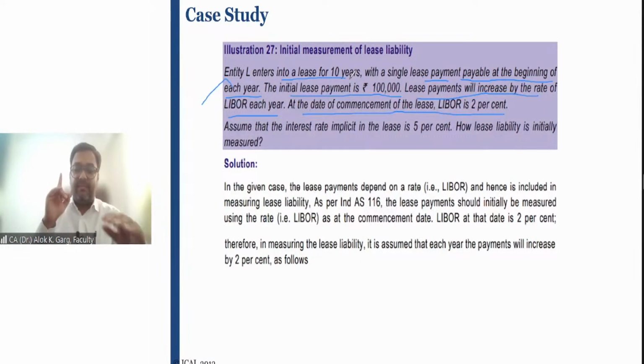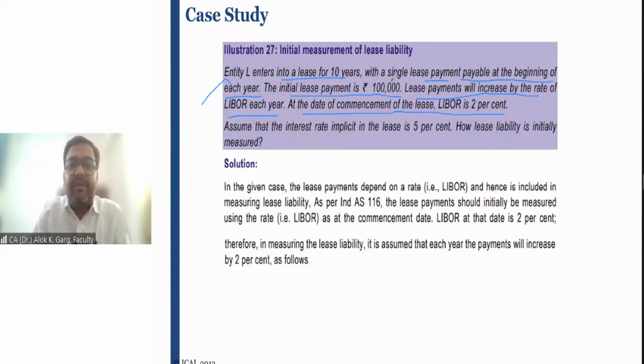It means for the first year, the rent has to be paid on the commencement date. So for the first year, there should not be any present value; the actual value is the present value. For the second year onwards, the present value accounting will start.